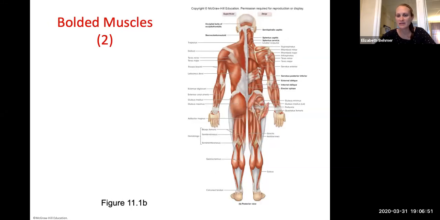So again, muscles that are in bold are axial muscles. So these include a lot of the muscles that help maintain your posture in your back, muscles that are connected to the base of your skull in your neck, and then other muscles in your spine. The little teeny tiny muscles between your vertebrae are also considered axial muscles.